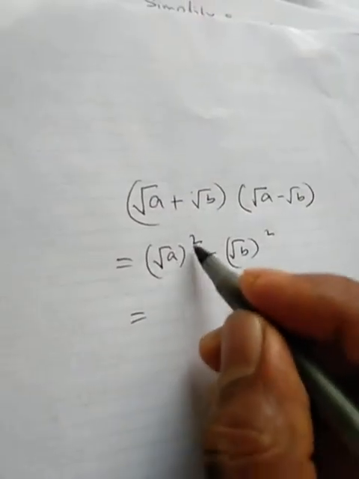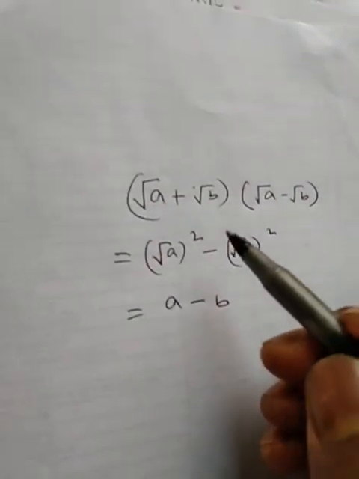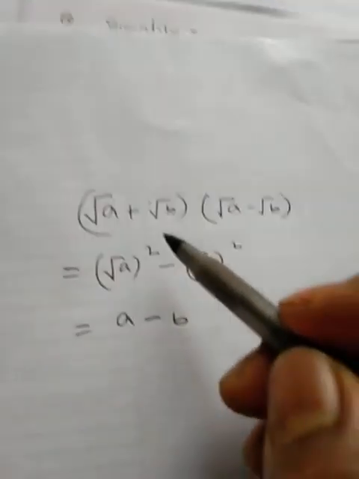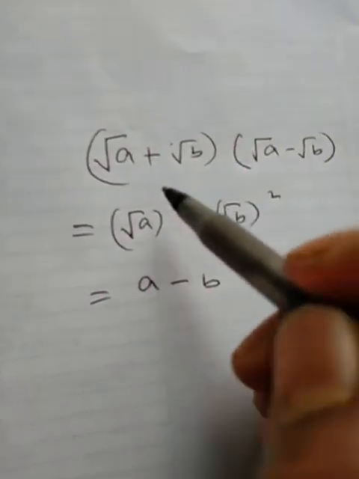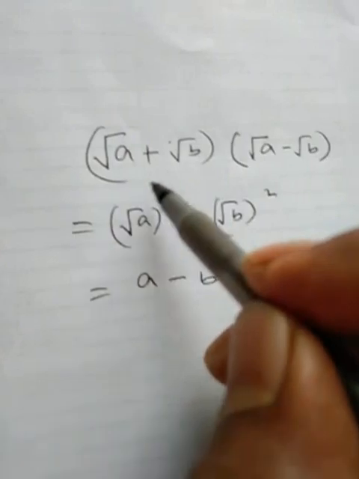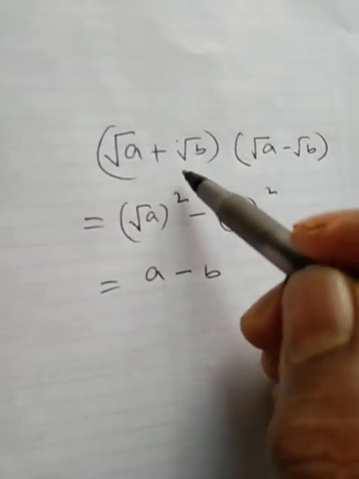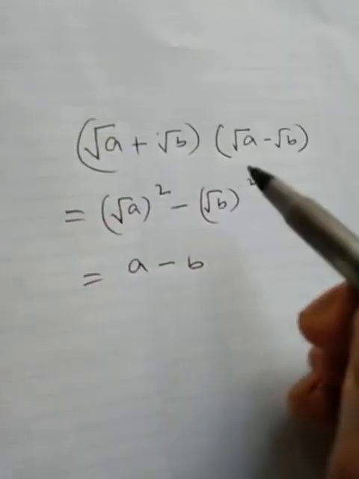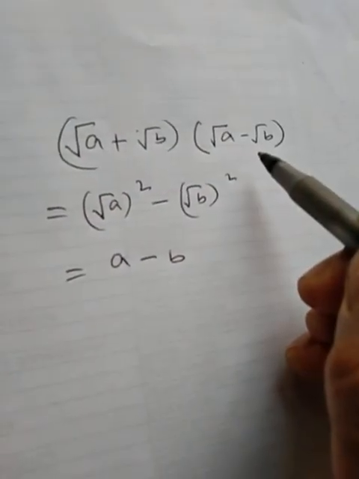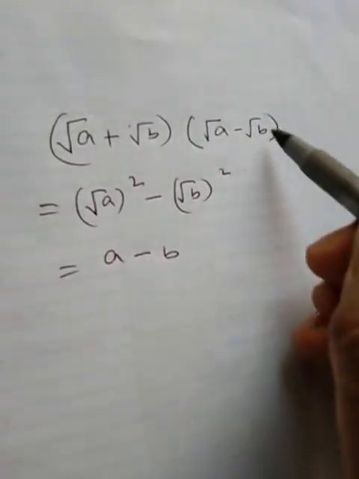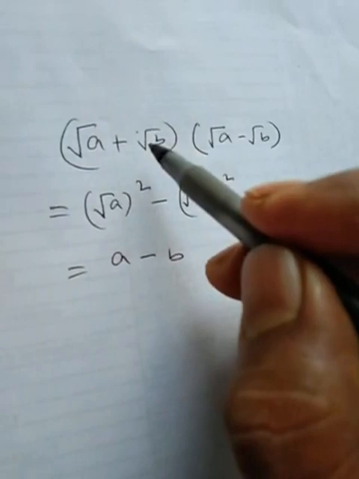Then root over a square will become a and root over b square will become b. So in a question where we have to rationalize the denominator, if we have only root over a plus root over b type of terms, then we will multiply that with root over a minus root over b. Or else if this term is there, then we will multiply with this.